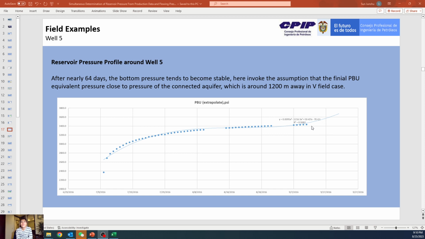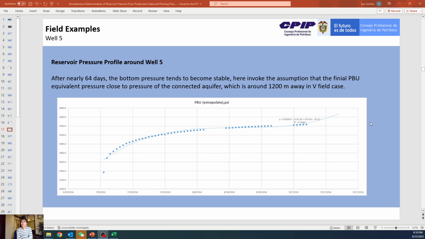If we extrapolate the trend, the final pressure could increase a little bit, but that would take a much longer time using the well test result. And we know that the pressure in the aquifer almost keeps the original.